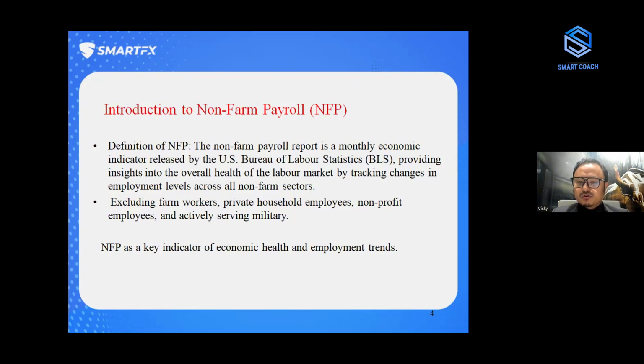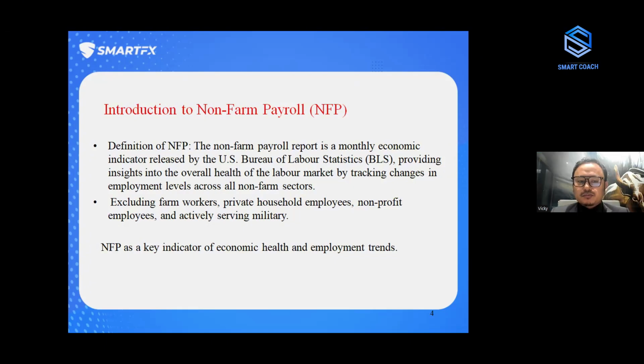Those who are familiar with Forex Factory, they release the data there. If the actual release is greater than the forecast, the economy is doing well. In contrast, if the actual release is lower than the forecast, then the economy is not doing well.